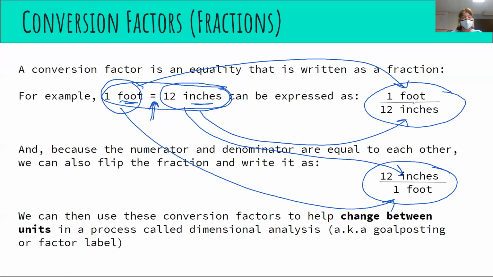Okay, before we even get into those videos though, we're going to review some fraction math just so you can be comfortable with the process. So let me pull up my whiteboard again.